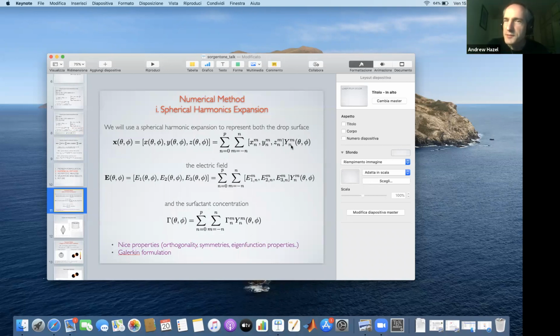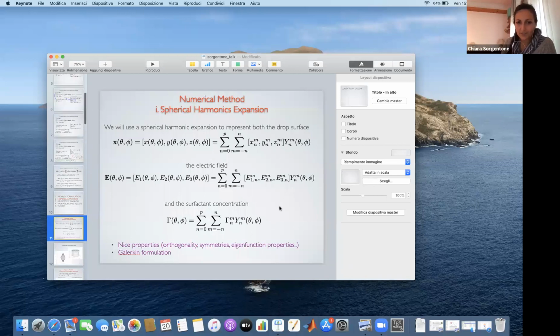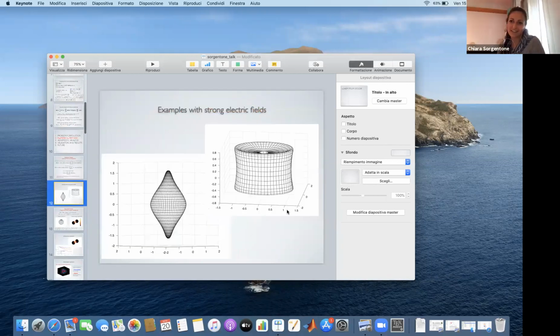Then that leads to my next question, which is how far do you think you can push this representation to non-spherical drops? If I have edges or so, of course not. But in those examples that I showed you at the beginning, there are non-spherical ones. If I have strong deformation like this, I need to push P much more.